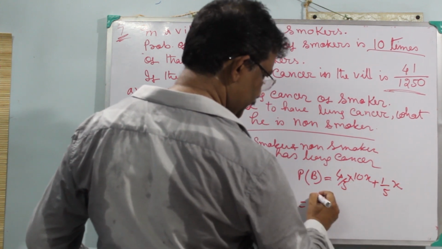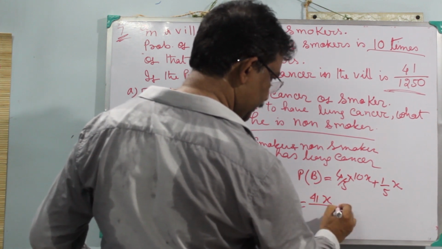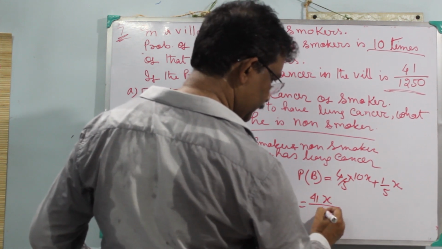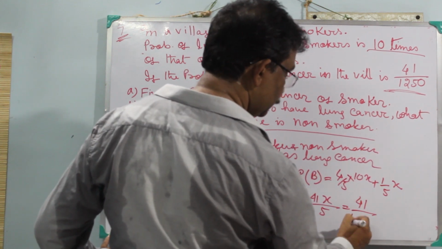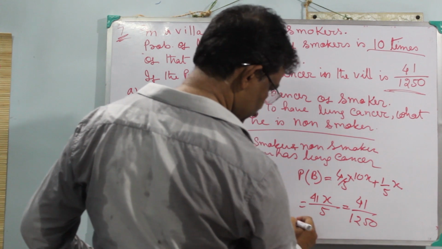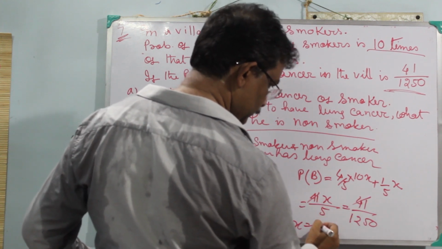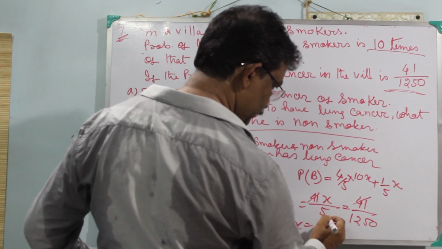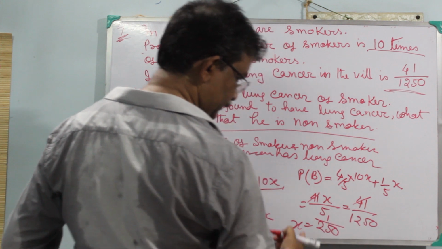Therefore it is 41x by 5 equal to the given 41 by 1250. So x equals, 41 can cancel, 1 by 250.